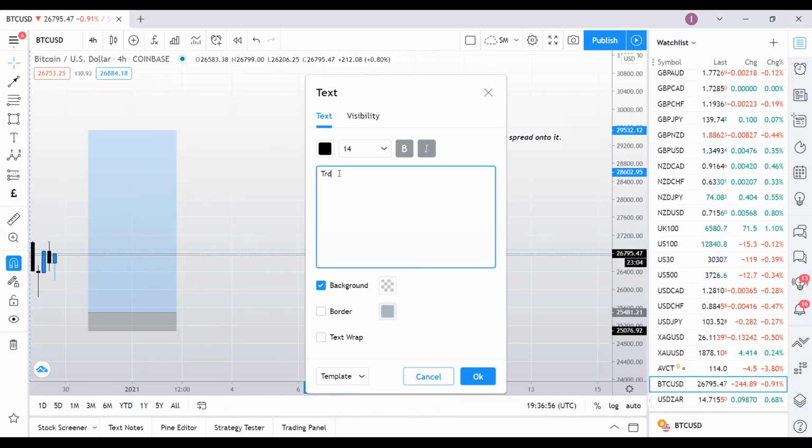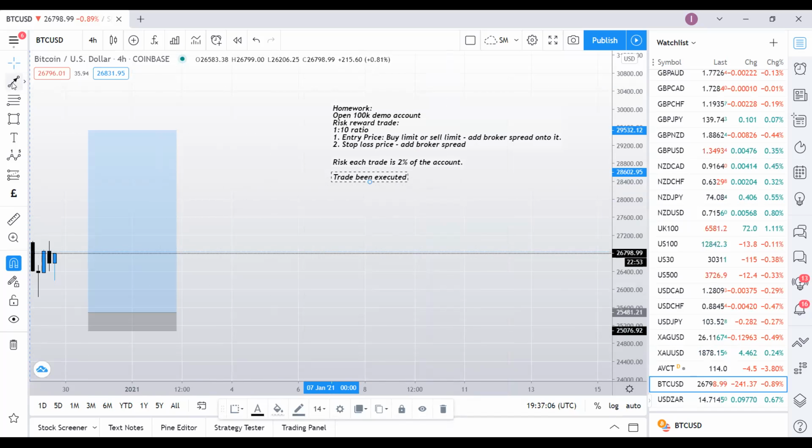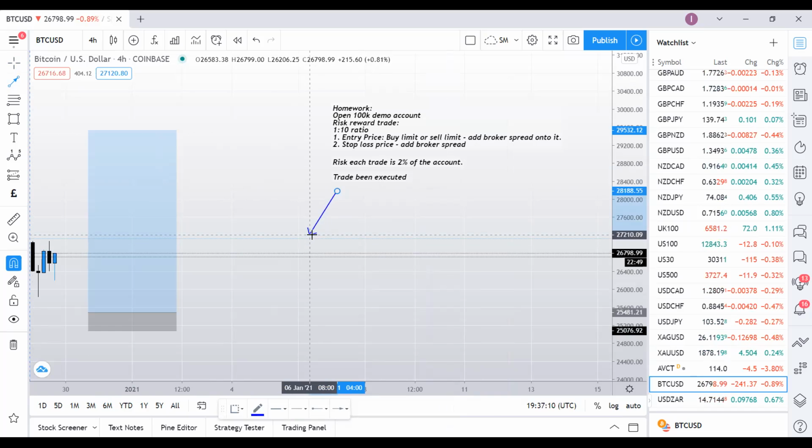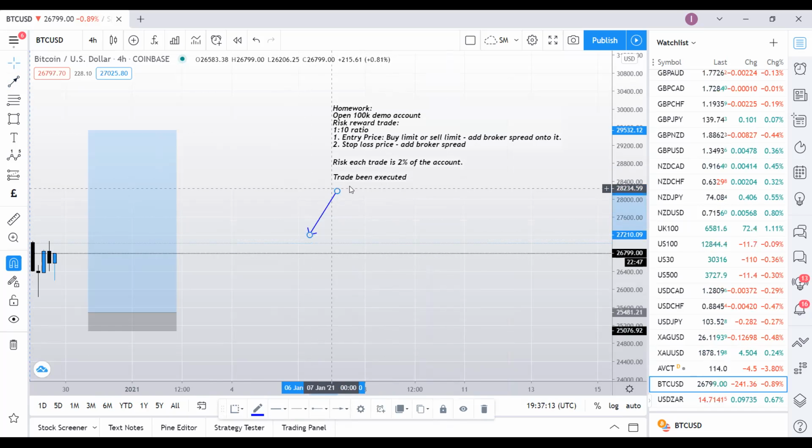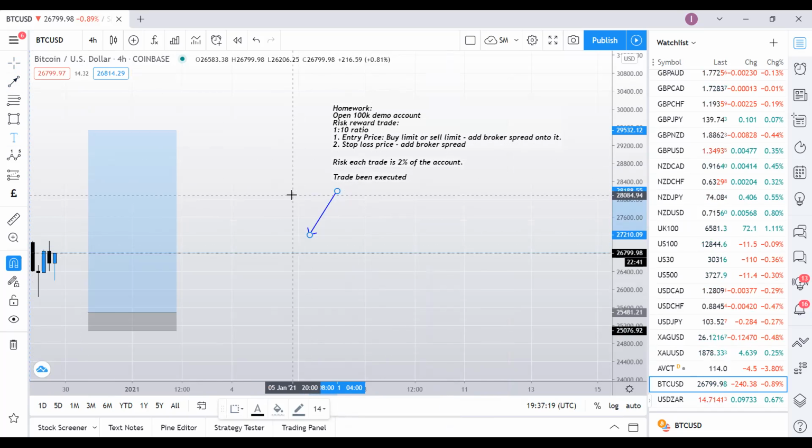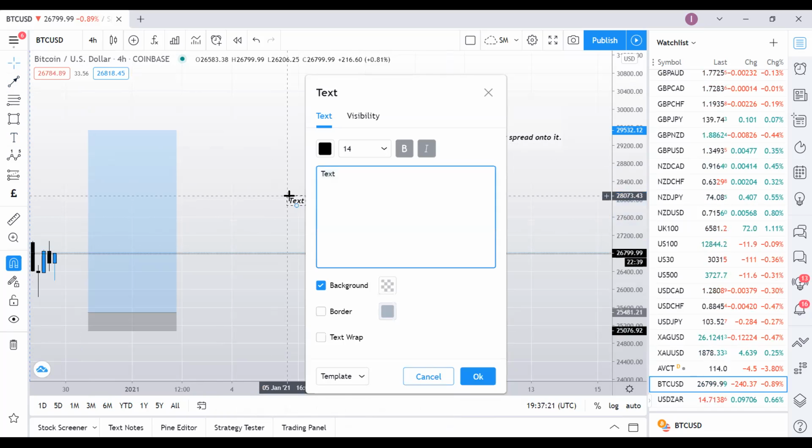So the trade's been executed. This is how we're going to handle the risk management side. Once the trade's been executed, the first step is, by the way, optional.